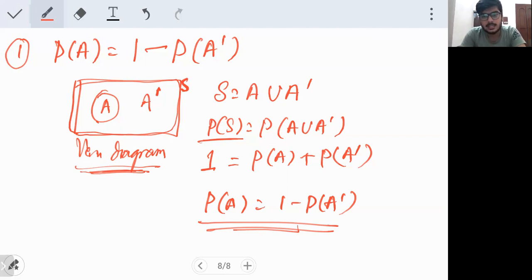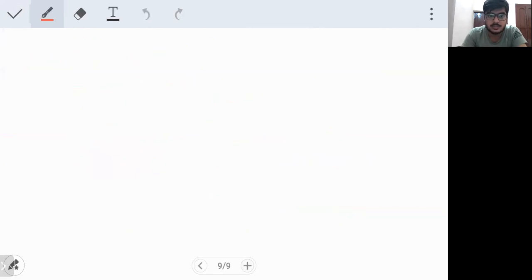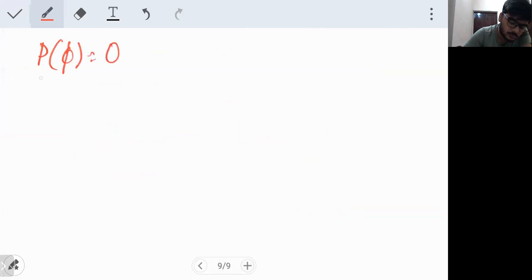Now, the second thing that we have to define is the second theorem. The second theorem says the probability of a null set will be equal to 0, right?